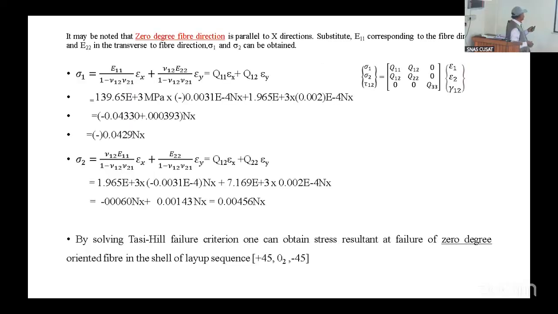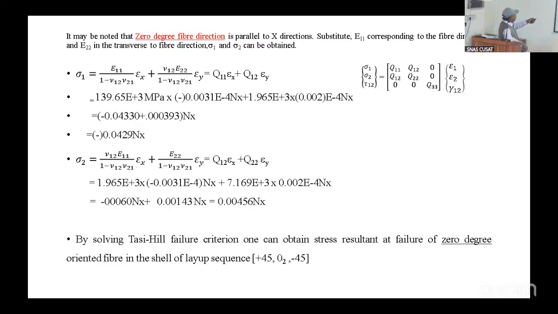Now, sigma 1 is equal to, the 0-degree fiber direction is parallel to the x direction. Substitute E11 corresponding to the fiber direction and E22 in the transverse. So your relationship is sigma 1 is equal to E1 divided by this. This relation is already given in the text here. Just copy it.